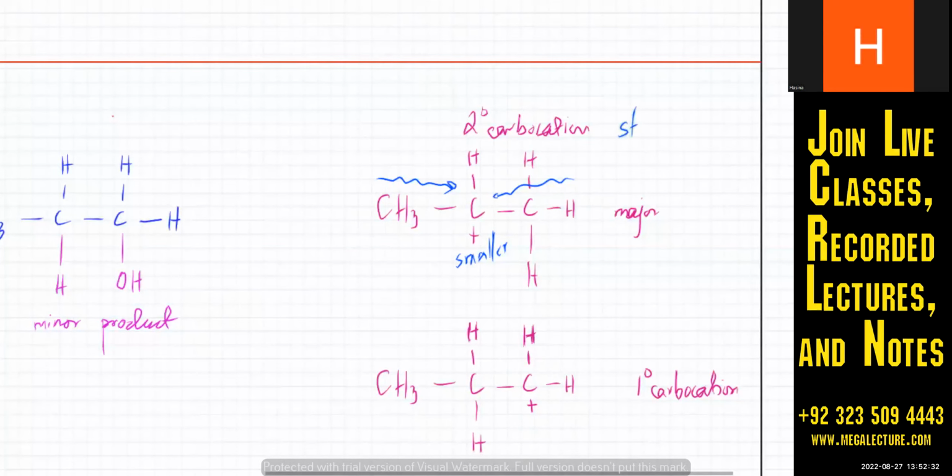So the question is, why is this stable? The reason it's stable is that the positive charge is going to be smaller in this case. Over here, the positive charge is going to be much, much bigger in size. They're not exactly the same positive charge. Because imagine if the positive carbon is right in the middle of the chain, right? So it's got a large group over here, and a large group on the right side as well, with lots of electrons.